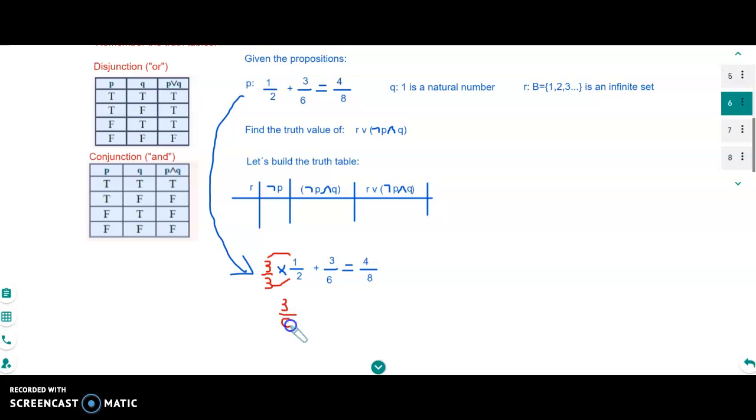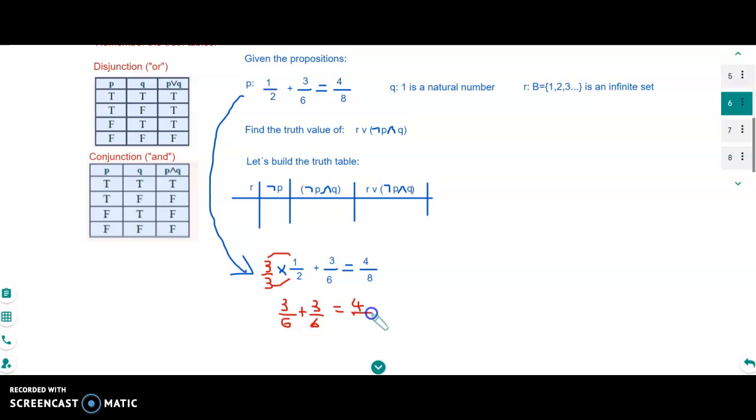Plus 3 over 6 equals 4 over 8. And how can we get this result?